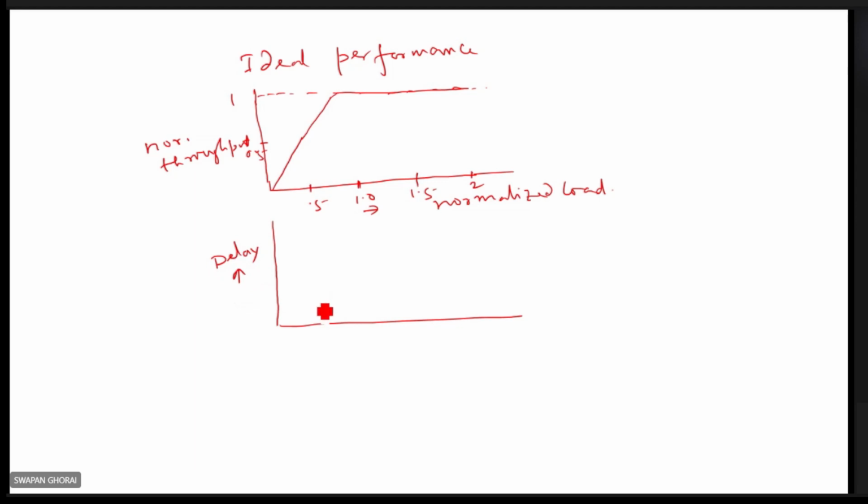More load means more delay. Here you can see some delay will be there initially. Say this is 0.5, this is 1.0, this is 1.5, this is 2. This is the normalized load, same as before.